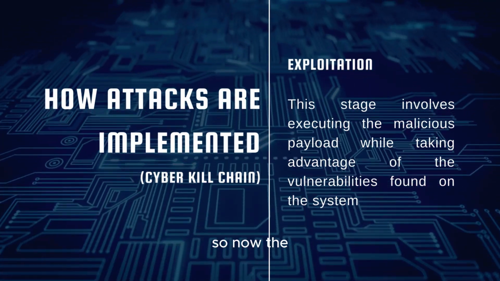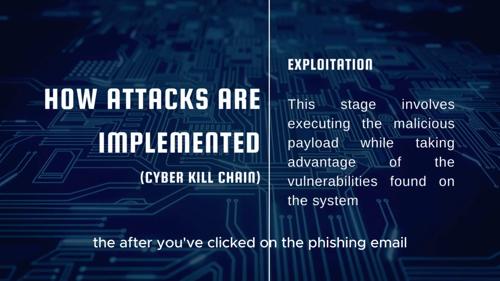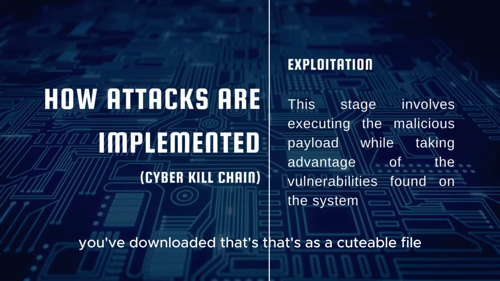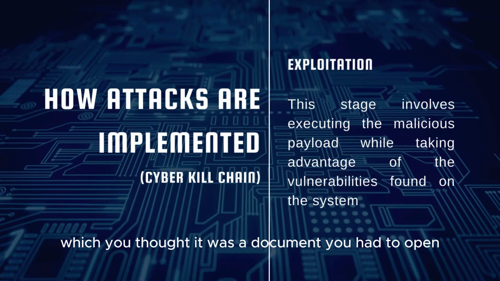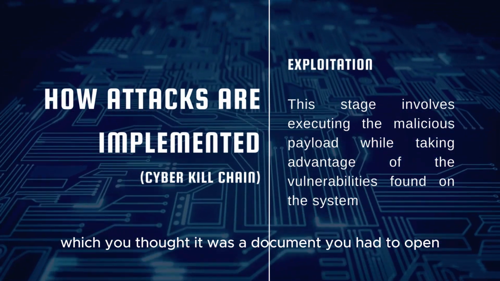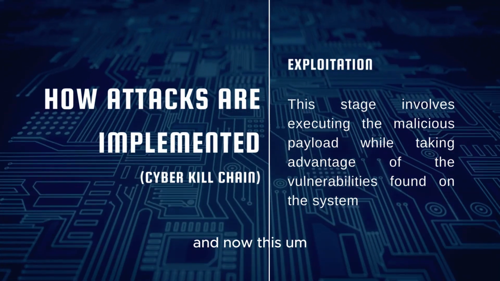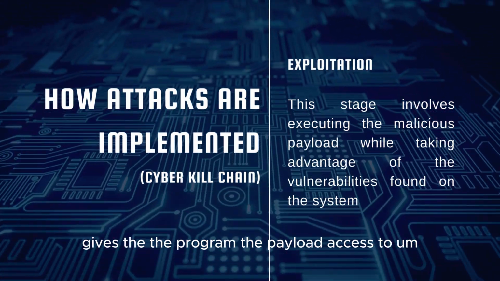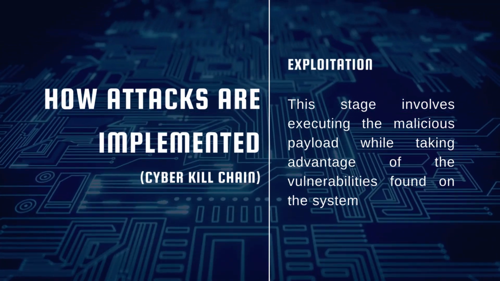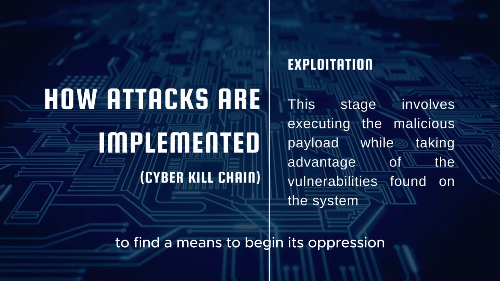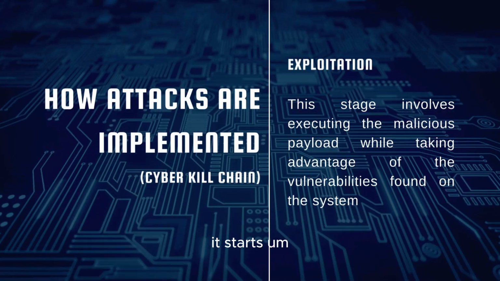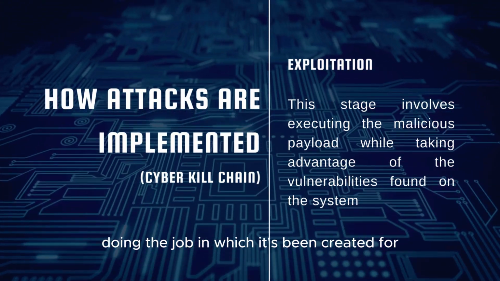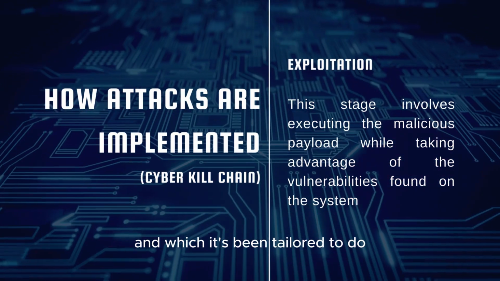So now, after you've clicked on the phishing email, you've downloaded that executable file which you thought was a document you had to open, and now this gives the program, the payload, the access to find a means to begin its operation. It starts doing the job for which it has been created, for which it's been tailored to do.